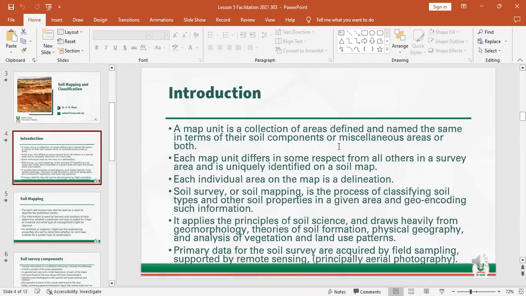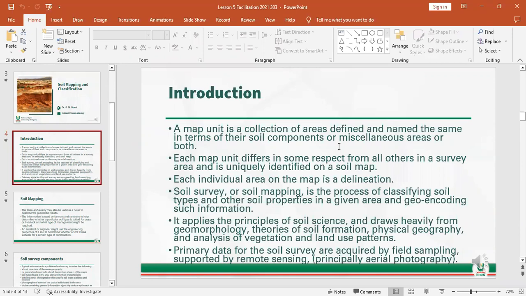Each map unit is defined in some respect from all others in a survey area, and is uniquely identified on a soil map. Each individual area on the map becomes a delineation.